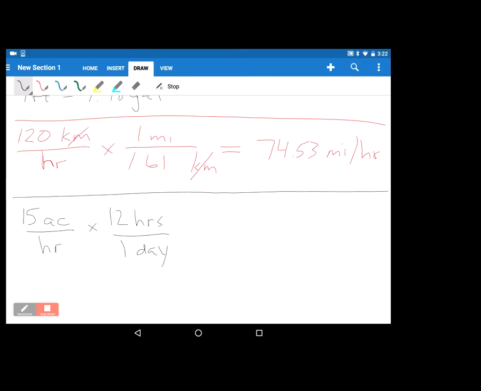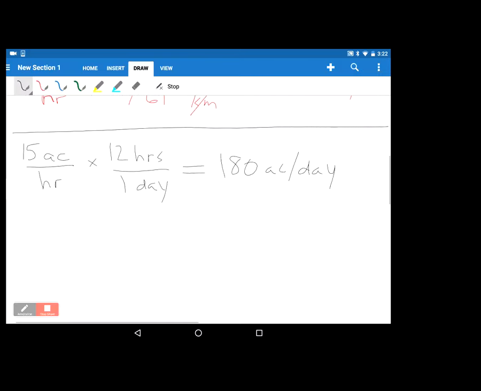All right, so if we take 15 times 12, it's going to give us 180 acres per day. So you can do 180 acres per day, and we have 500 acres.